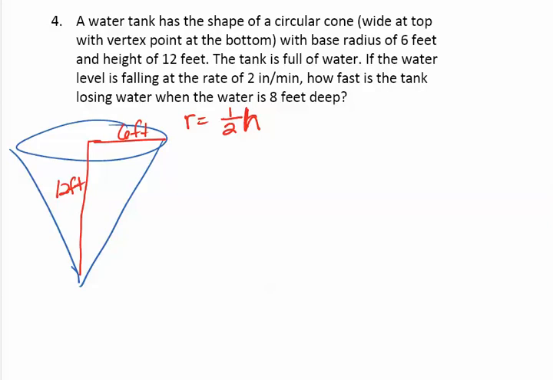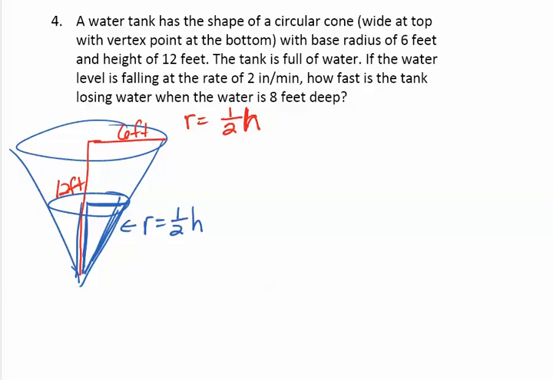And as it fills with water, so if I pick a specific height here, if this were filled with water, do you see that the blue triangle would be similar to the red triangle. So even in the blue triangle, the radius would still be 1/2 of the height. So it doesn't matter how much water is in the cone, the radius is always 1/2 of the height.